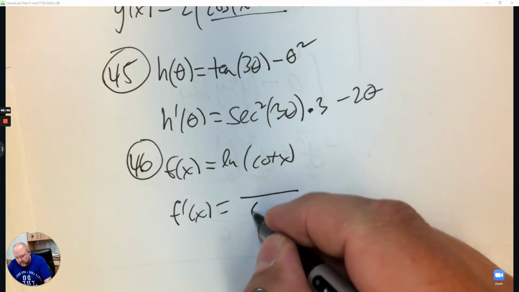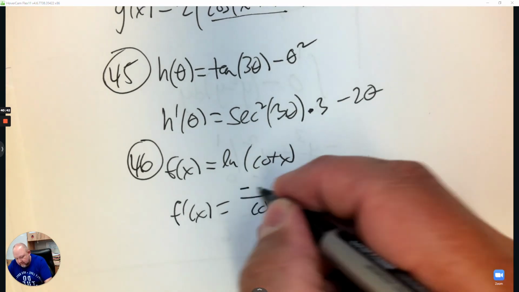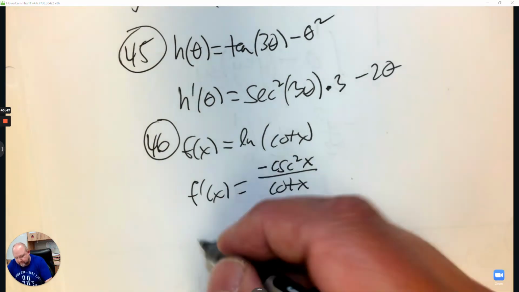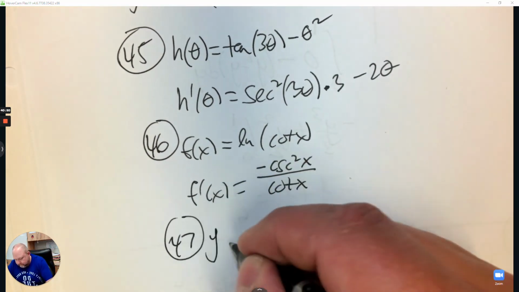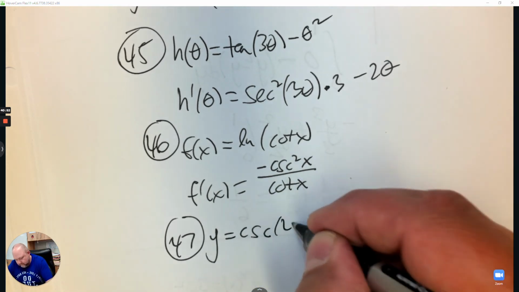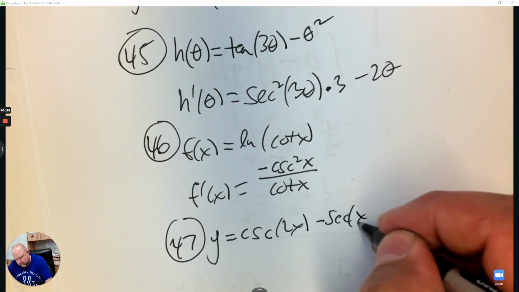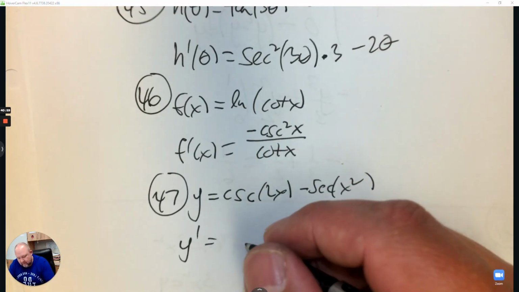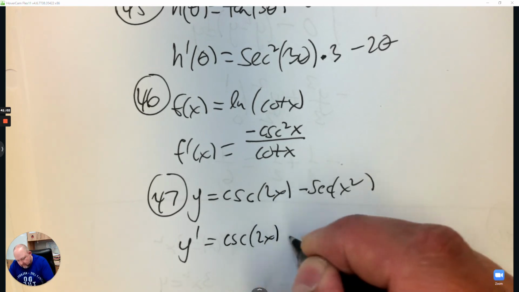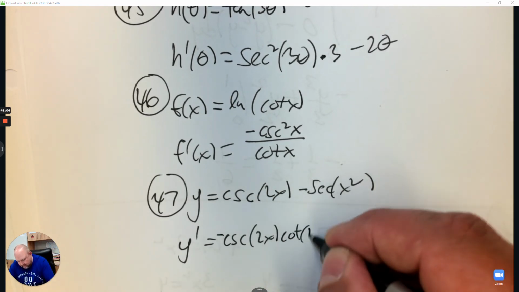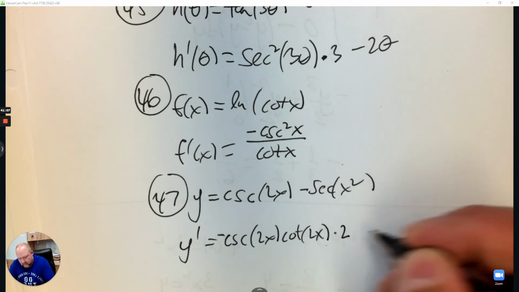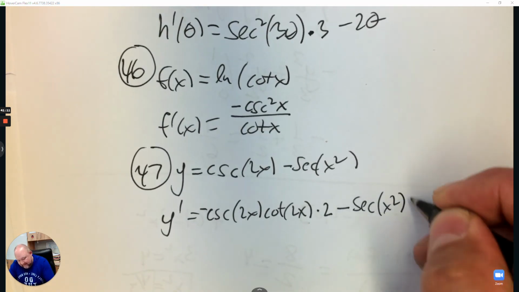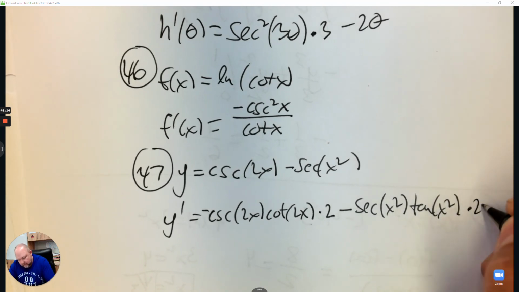It's a fraction. What you see, the derivative of cotangent is negative cosecant squared. That's perfect. 47. The derivative of the cosecant is negative cosecant cotangent with a hook, minus secant, which is secant tangent with a hook.